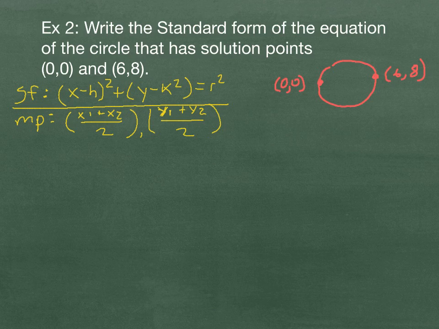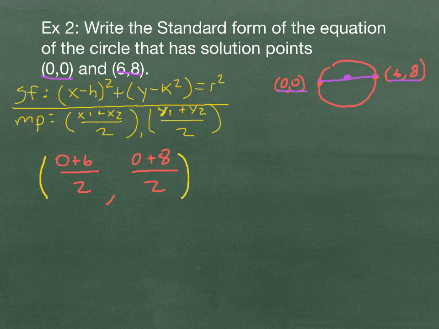Okay, so this is a second example. In this one, you will basically do the same thing we just did, but with these different 2 points. So here I put the circle, the 2 solution points given inside the circle. And now I have to find the midpoint of this circle based on these two solution points.